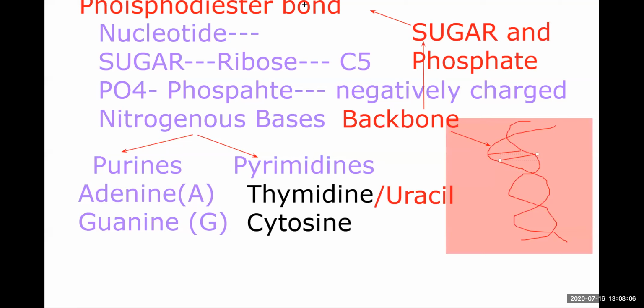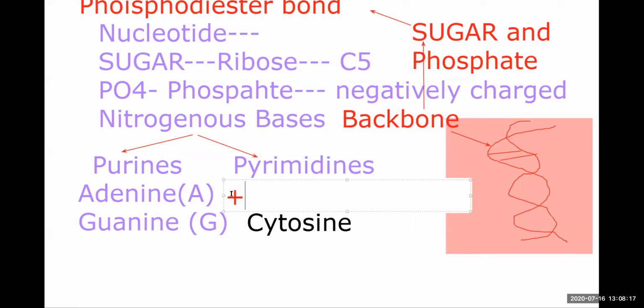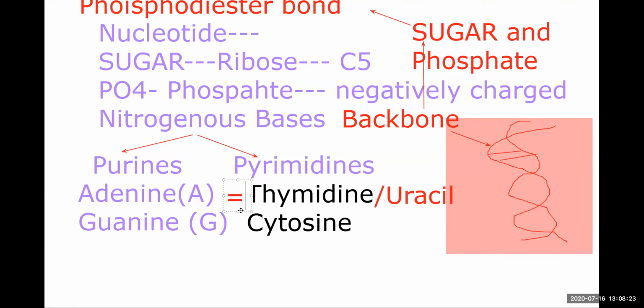Now, how is this staircase formed? It is formed when adenine forms a double bond with thymine. This bonding between adenine and thymine forms one of the rungs.